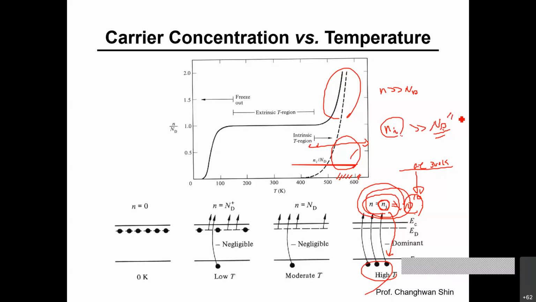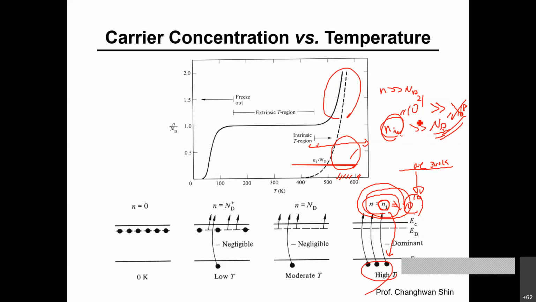So if I'm using the number 10 to the 18, I have doped the silicon material 10 to the 18 at room temperature, but at say 600 Kelvin, the n sub i is 10 to the 21. Then this number 10 to the 18 is nothing compared against the 10 to the 21. The total number of free electrons, 10 to the 21, is governed by how many electron hole pairs are created at this high temperature.